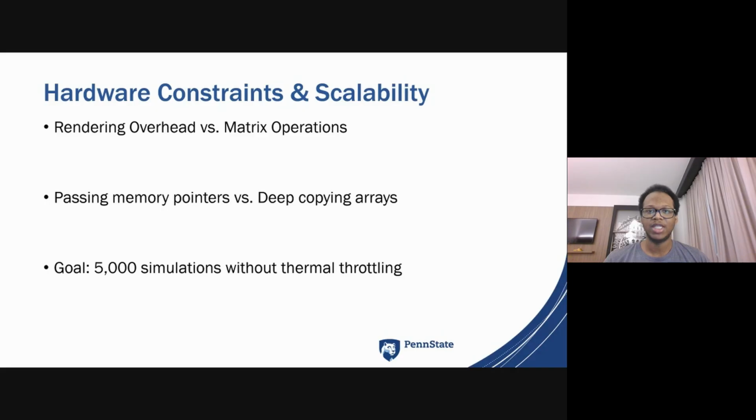By decoupling the logic engine from the visualizer and passing memory pointers to our numpy arrays, rather than executing costly deep copies of the board state at every turn, we bypassed thermal throttling on the CPU. This allowed us to execute thousands of head-to-head simulations and gather stable, irrefutable statistical data in a matter of minutes.